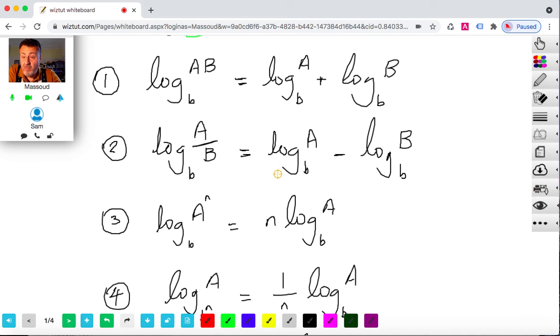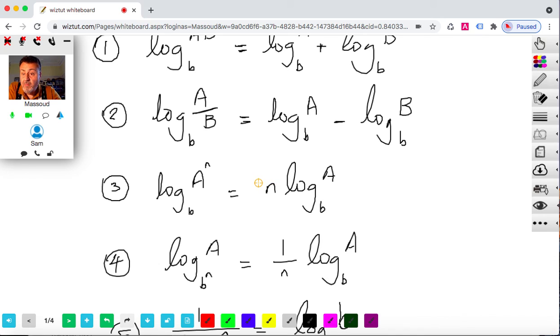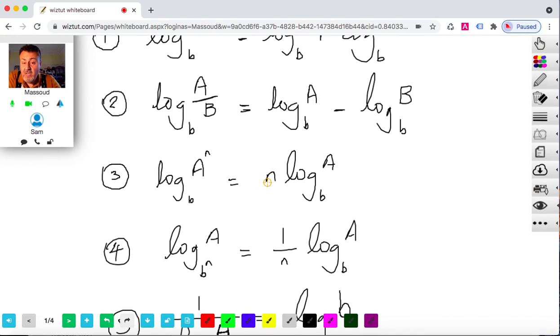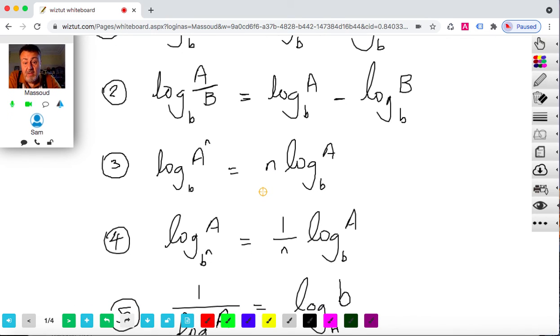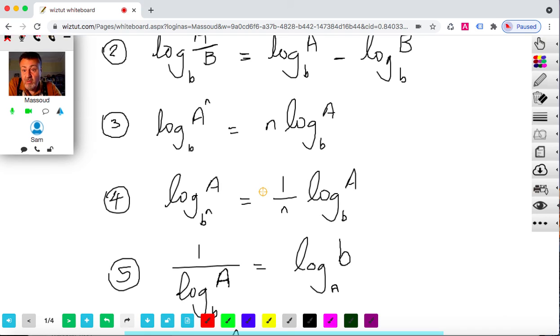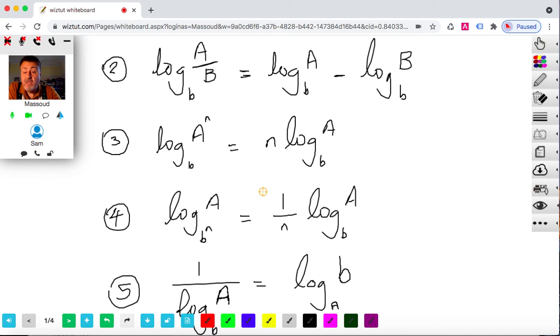So don't make things up. Stick to these rules, but it could be, for example, in a question that a couple of these rules, or maybe more than a couple, are working together. So you have to use one to reach the next stage, and then from that stage move on. But don't make them up. These are the ones that you have to be using. Okay, I'll see you in the next video.